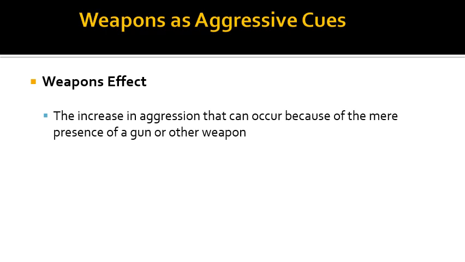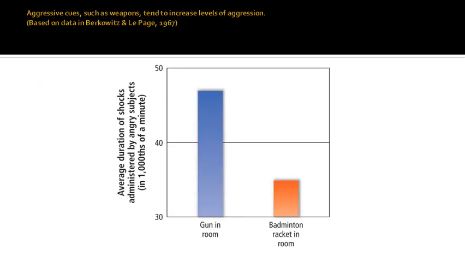And as you look right here on your PowerPoint, based on the weapons effect, there's an increase in aggression that occurs because of just the mere presence of a gun or a weapon. Okay. And on this next slide, you see that there are certain cues, such as a weapon, that tend to increase the level of aggressiveness.